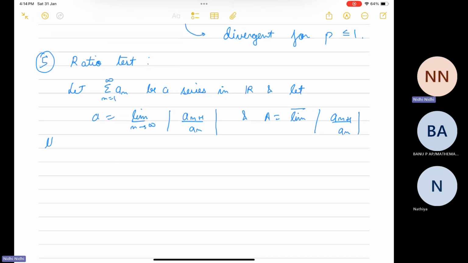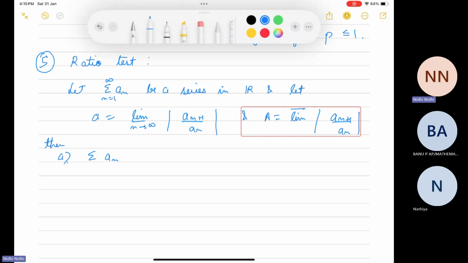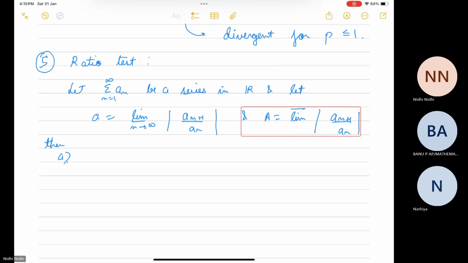Then we have the following. Now if capital A is less than 1, then summation an converges absolutely.